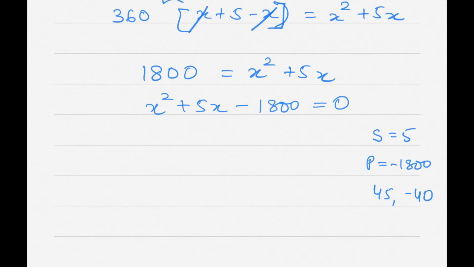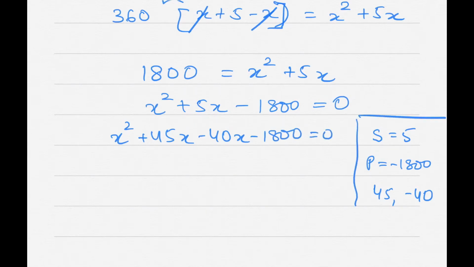So 45 into 4 is 180, correct? I have to keep 45 positive because I want my sum to be plus 5. Okay, let's move ahead. So x square plus 45x minus 40x minus 1800 is equal to 0. This was my little bit of rough work. You can always do it on the right hand side of your notebook.